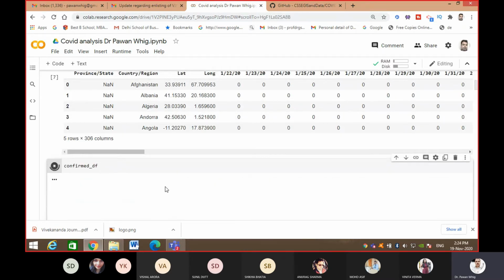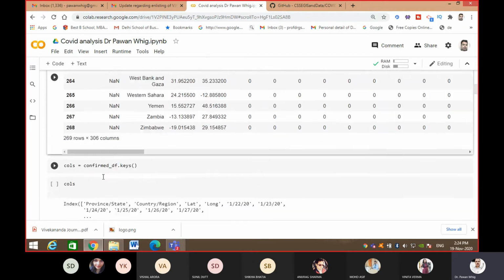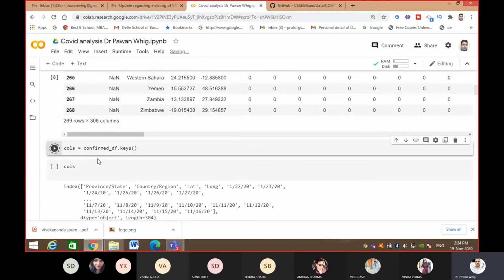Confirmed df, okay, and after that, columns. So confirmed df columns means the confirmed df keys. It will show you the headers of the confirmed df keys. These are the headers. Since there are generally longitude, latitude, and the dates, that's why it is shown like this.